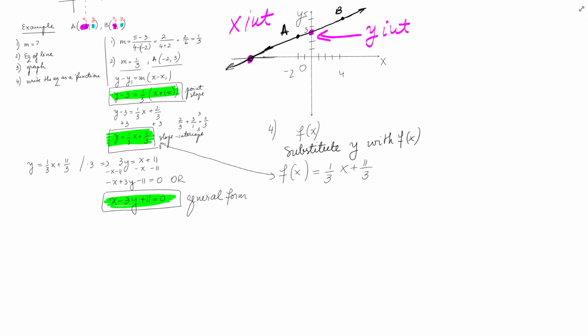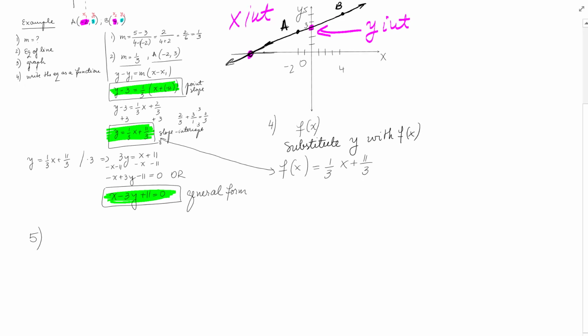Yes, we learned in the previous video. To find the x-intercept, we set y equal to 0. Now, which one of these three, 1, 2, 3, is the best to set y equal to 0 and calculate x? Well, the best one is the general form. So I'm going to use x minus 3y plus 11 equals 0.